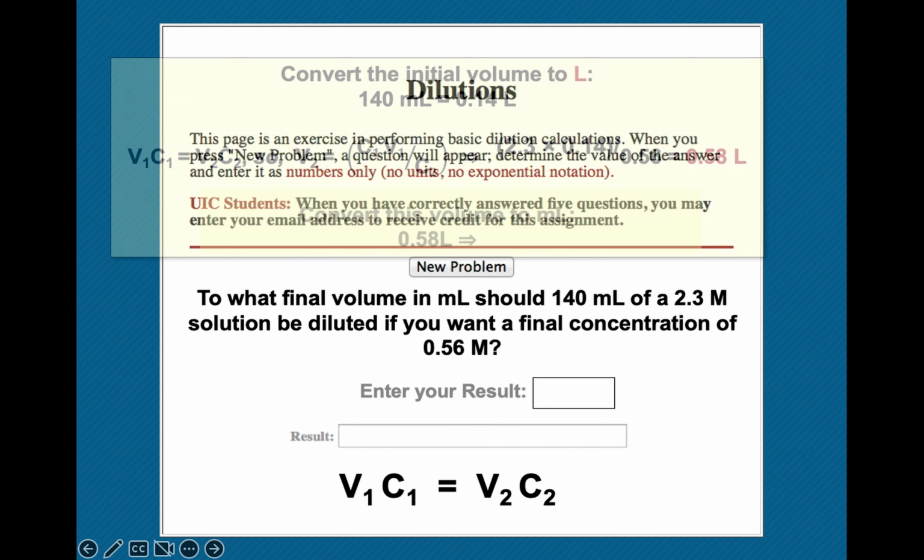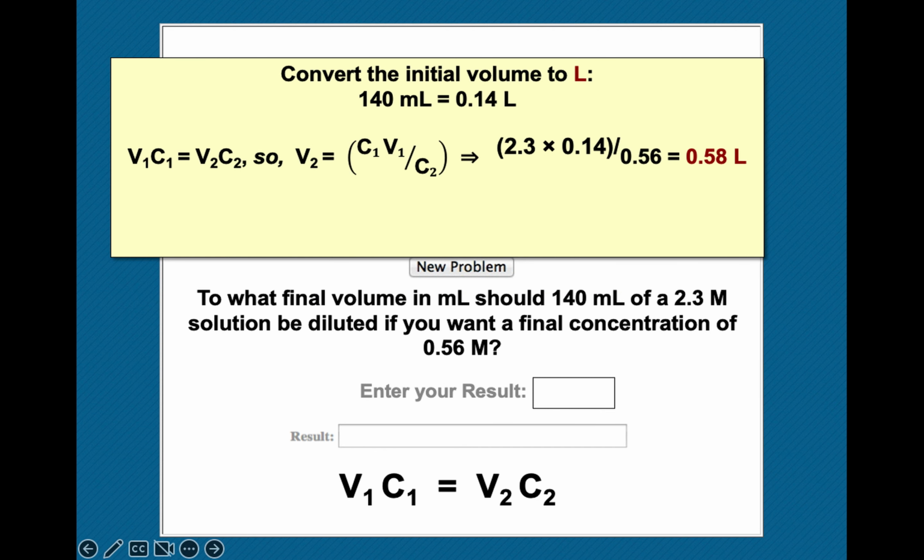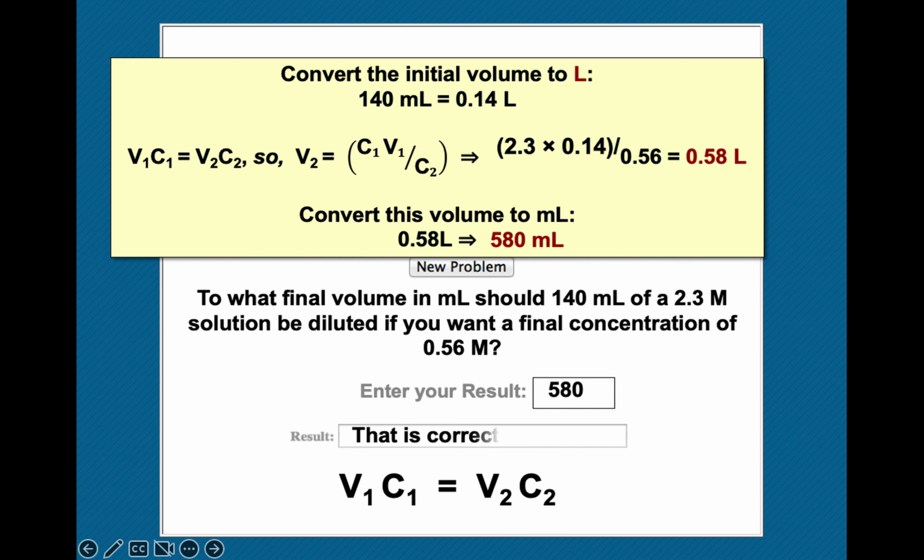V2 is going to be C1 V1 over C2. Substitute. Here's our result in liters. Problem says, again, this happens a lot, final volume in milliliters. Simply multiply it by 1,000, 580 mils.